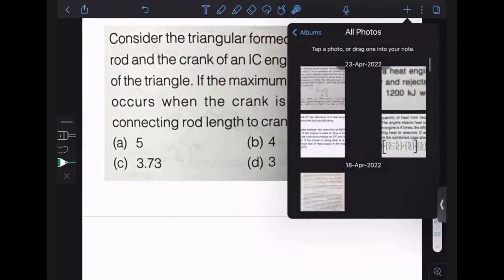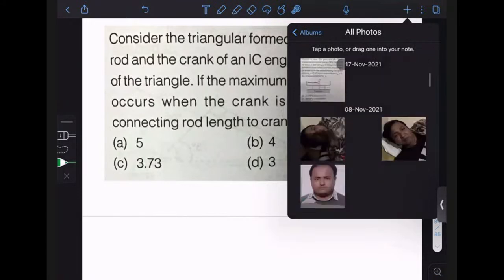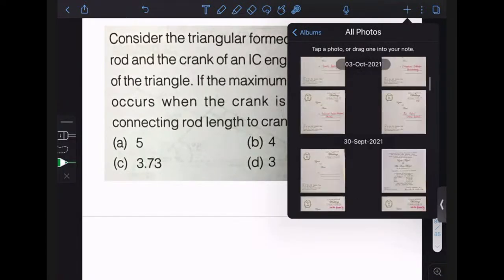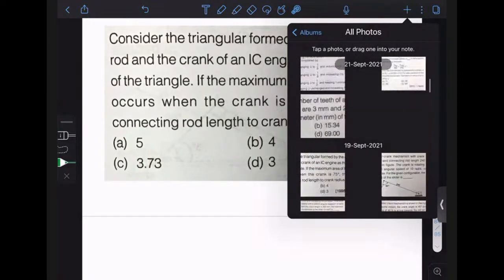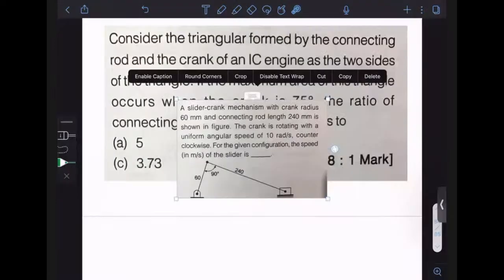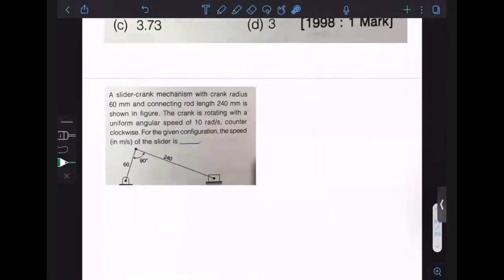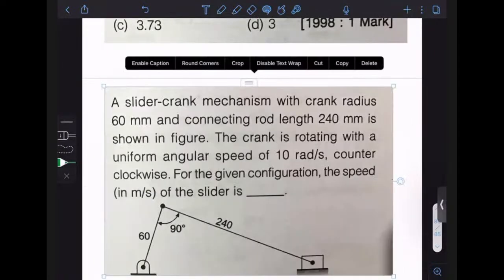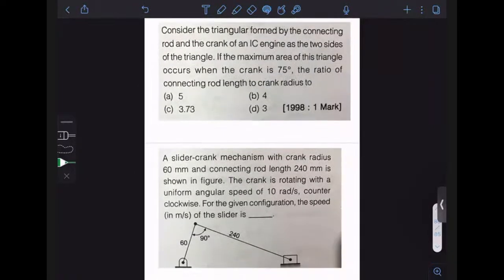And the second problem that we have, these are the two problems which I'm going to give you.